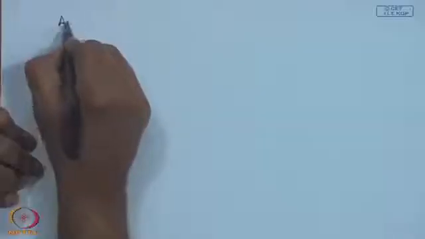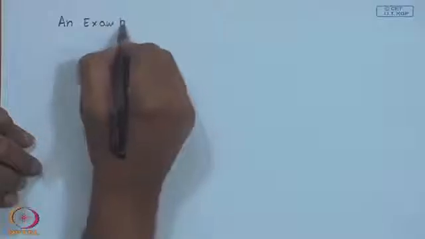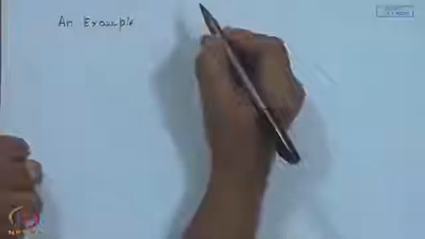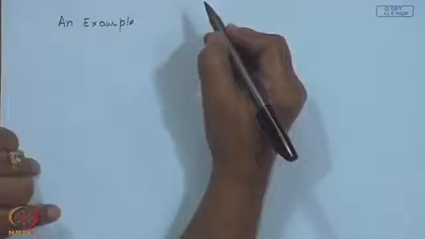Now, to consolidate these ideas, we shall take up an example and we shall see how much we can do. And I am deliberately giving many relations which we have gone through earlier. In fact, if you solve this problem, more or less almost all the methods that we have covered would be covered.